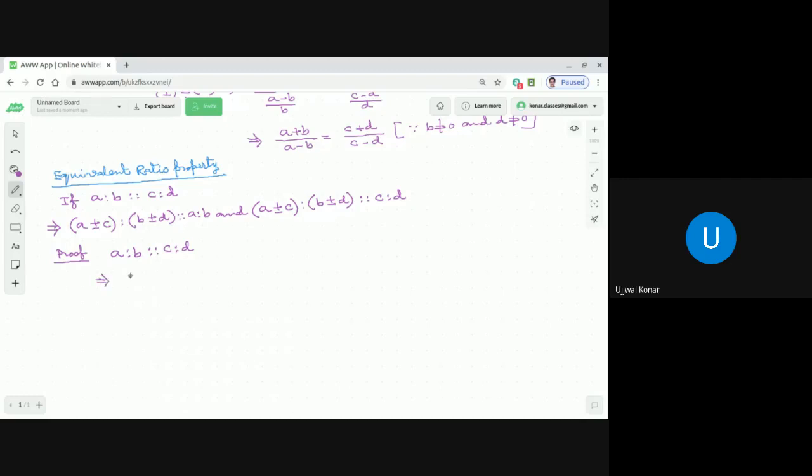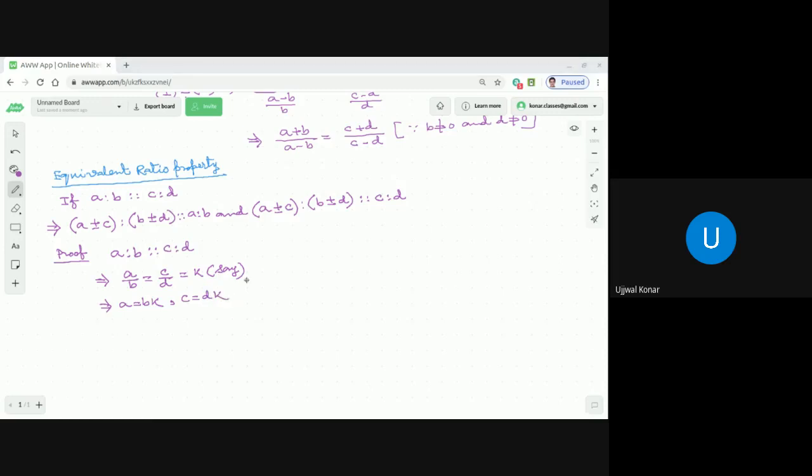From here, we say that A by B is equal to C by D. And let's assume this value is equal to K. A by B is equal to C by D, so let's assume that it is equal to K. So from here, we can say that A is equal to BK and C is equal to DK.